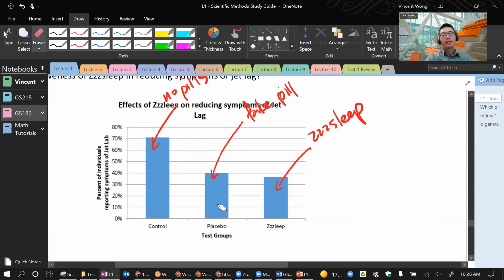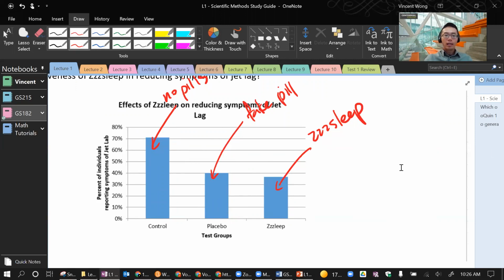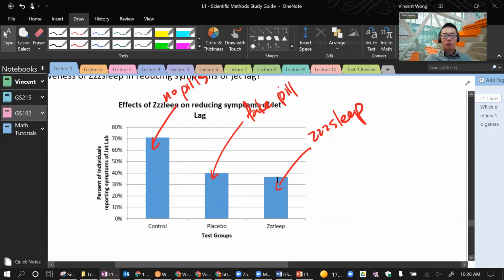Now I want you to ignore this for now and just focus on the last column here. These are the people who are taking the pill. They took the pill, and only a little lower than 40% reported jet lag symptoms. So compared to the control group, it appears that the pill is helping, right?